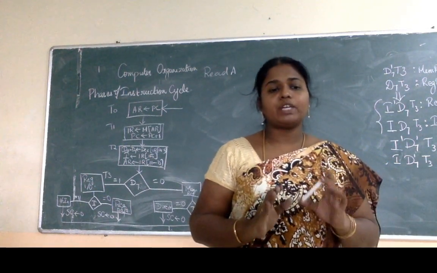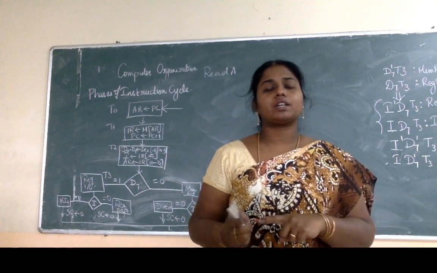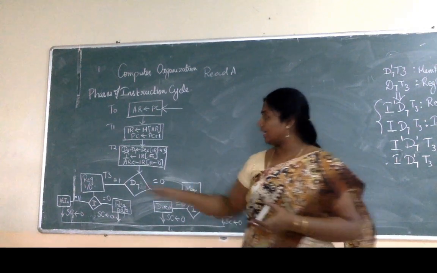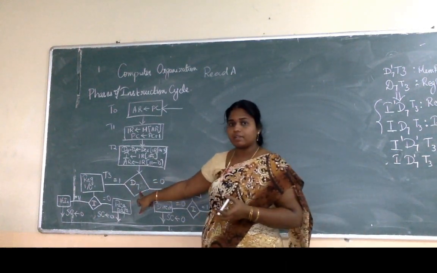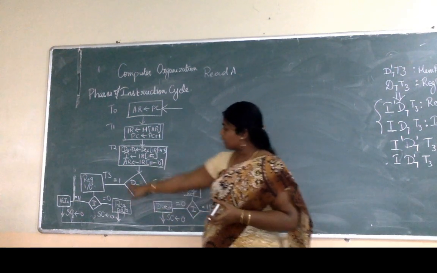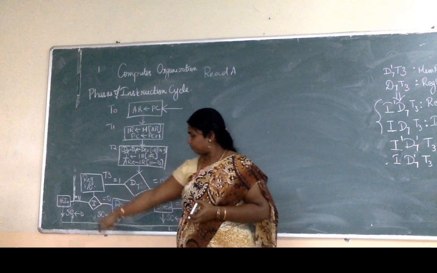If the value of D7 is 1, then it can either be a register reference instruction or an IO instruction.